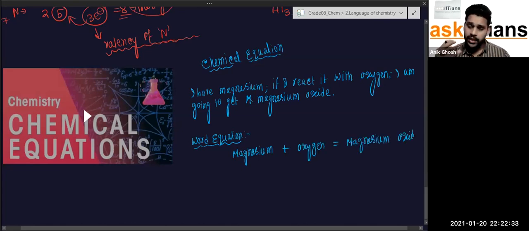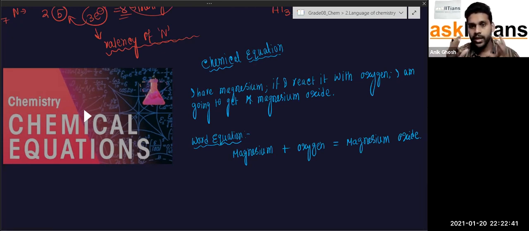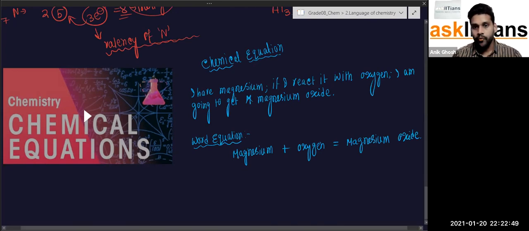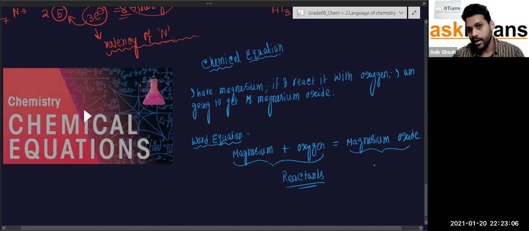So is it making any change? Think about it. It is just decreasing the time. That is also of very good use, right? Previously, it was taking a lot of time, but right now when I'm writing the word equation, it is taking less time. So all the things written on the left side are called the reactants, because they are the ones that are going to react. And what is written on the right side we call the products, right? You know it.